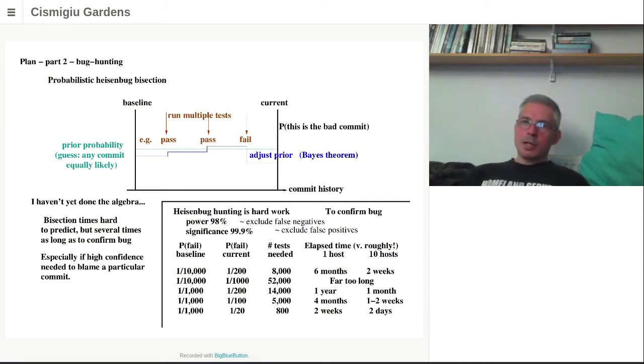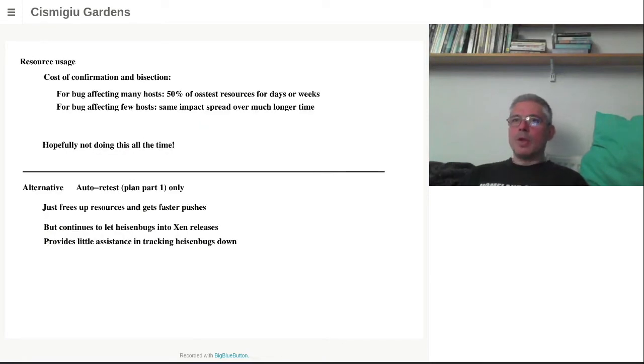Okay, so that's the second part of my part 2 plan. As I say, these numbers on the right are for testing a single revision, and you need to multiply those up. So the implications of this: obviously there's a certain amount of development time.